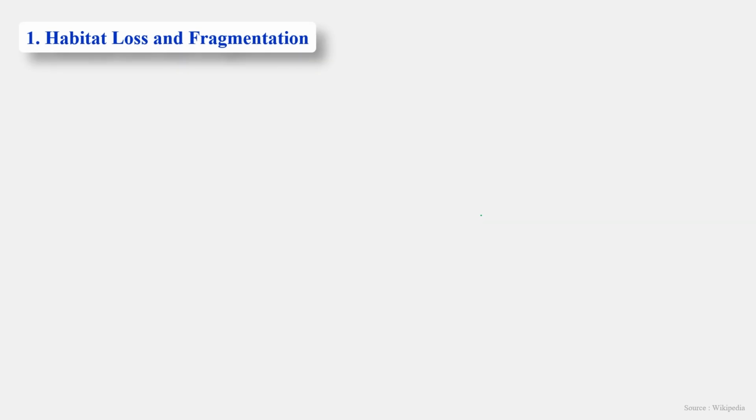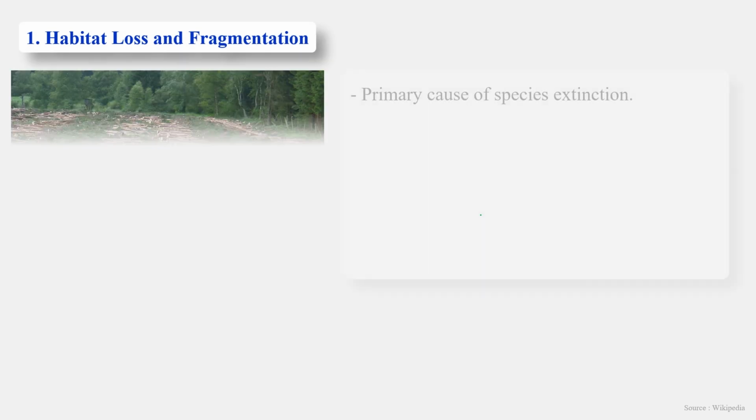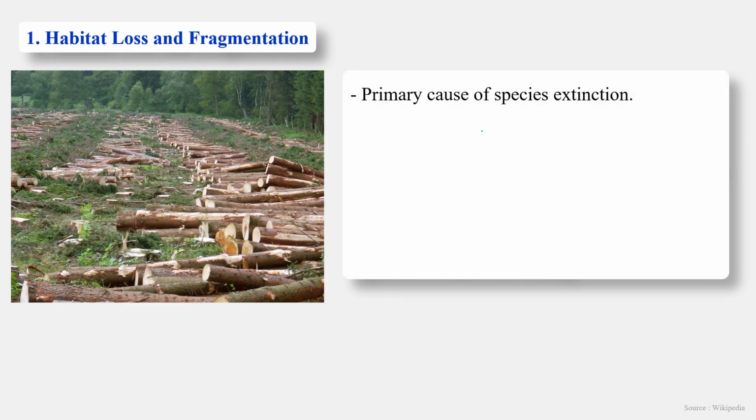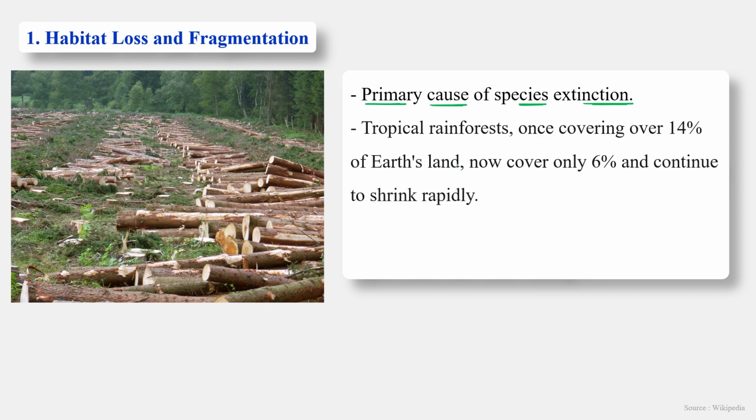So the first term is habitat loss and fragmentation. This is the primary cause of species extinction in a given area.